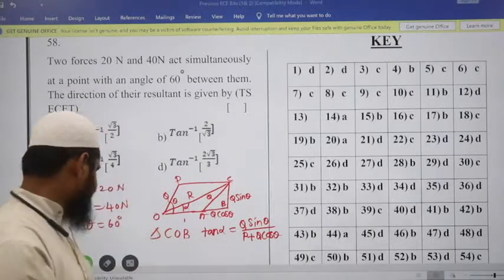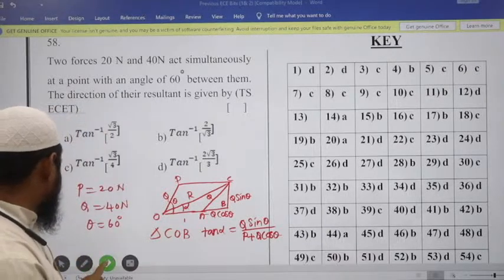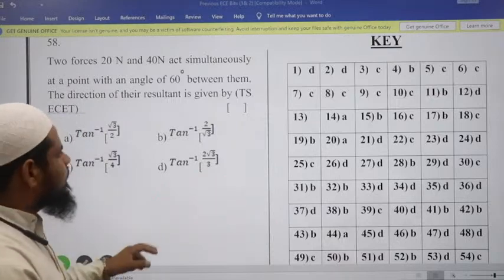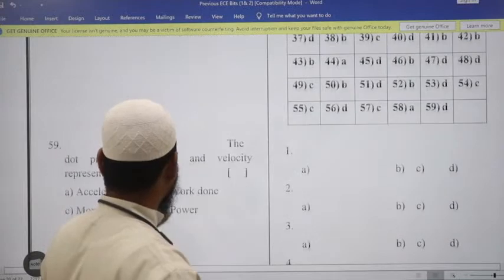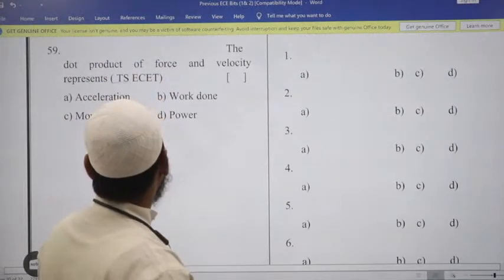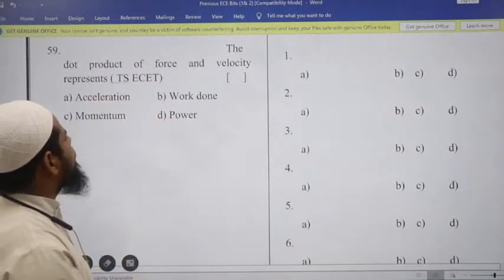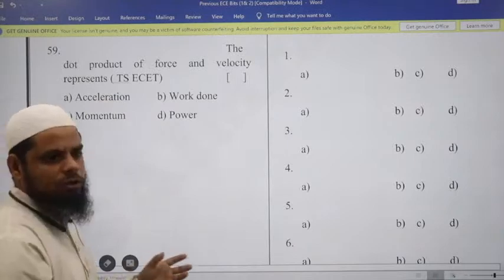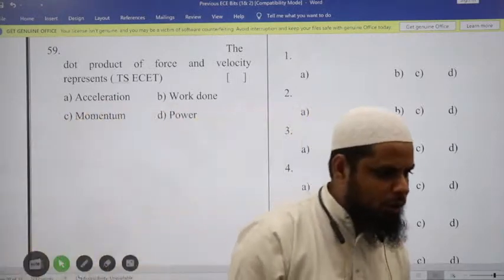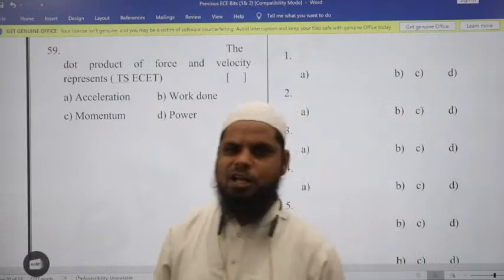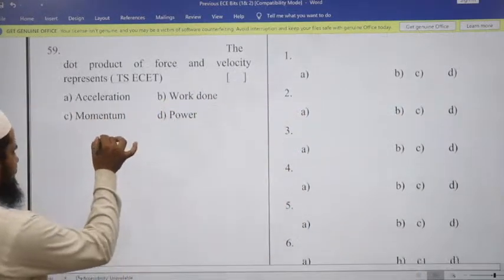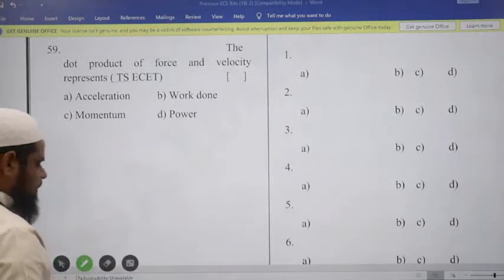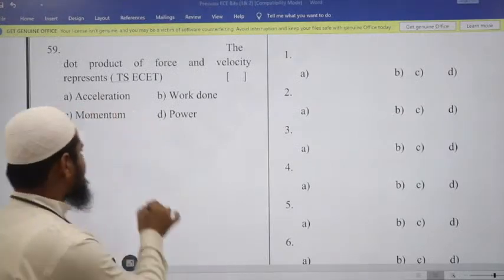Next one, the dot product of force and velocity. Yesterday we saw this in units and dimensions.